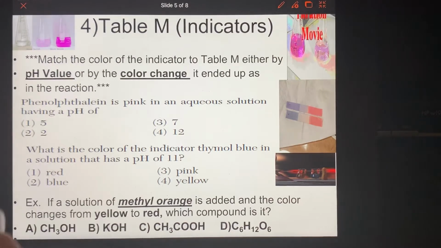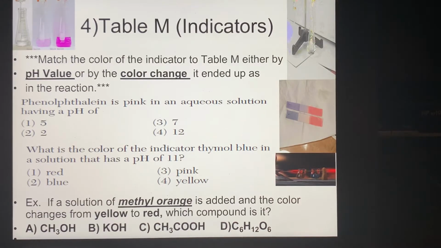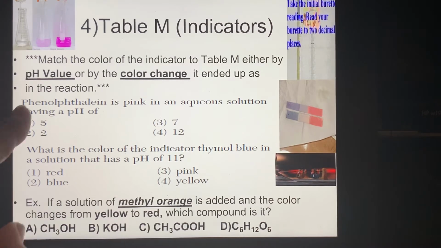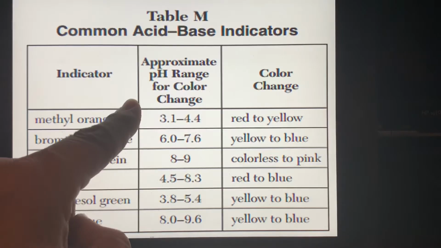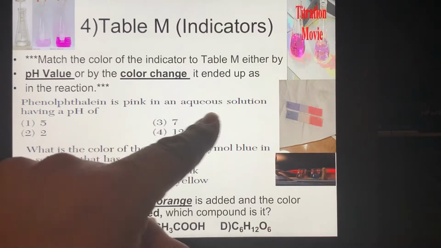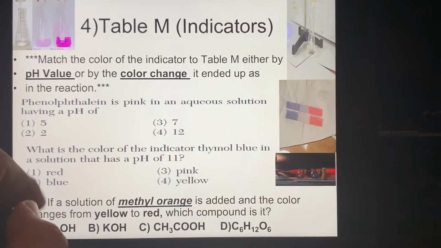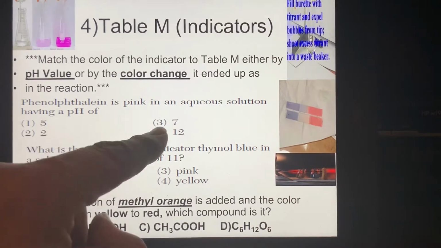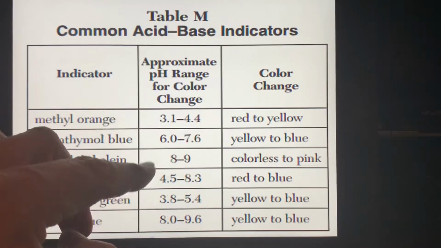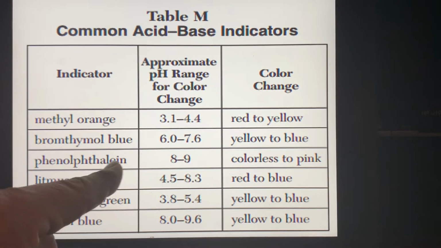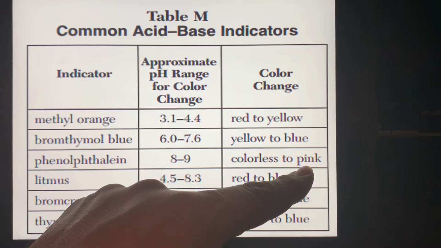It says, match the color of the indicator to table M, either by pH value or by the color change that ends up in the reaction. Phenolphthalein is pink. Aqueous solution having a pH of, well, there are 4 choices here: 2, 5, 7, 12. Well, let's go back to table M. Phenolphthalein is pink when it's what number?